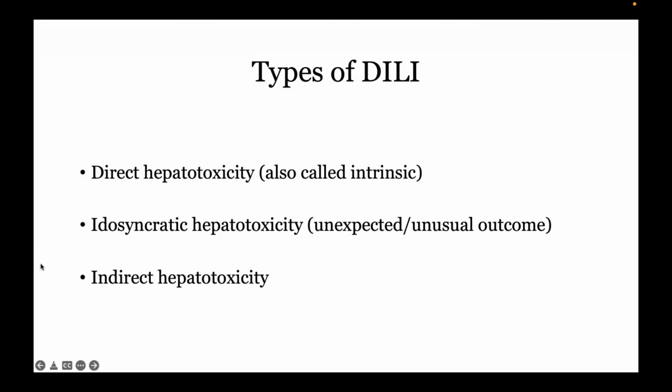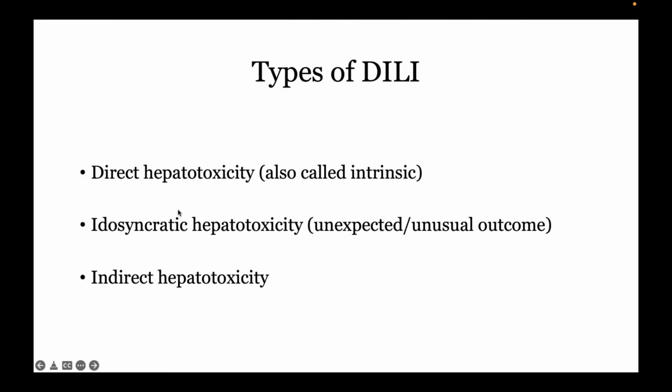So it has a lot of influences. Why would this idiosyncratic hepatotoxicity occur? And then finally, an indirect hepatotoxicity, which just means that it's not the drug itself, but maybe its metabolites, that can induce the toxicity or can induce an immune reaction and end up in an inflammatory kind of injury.